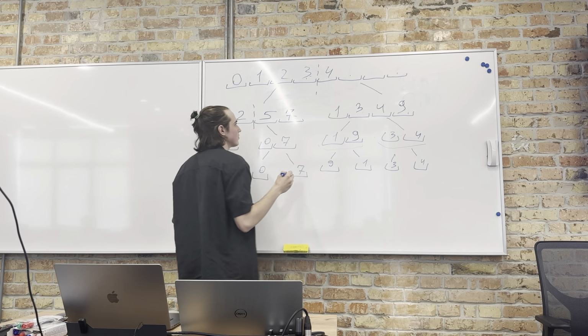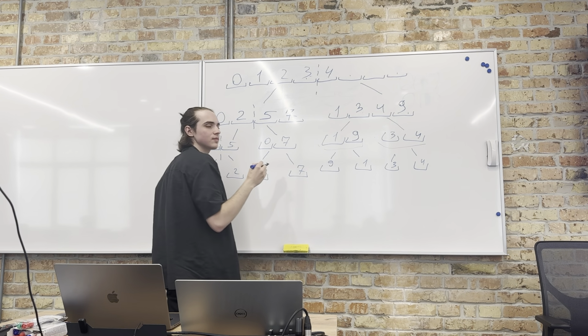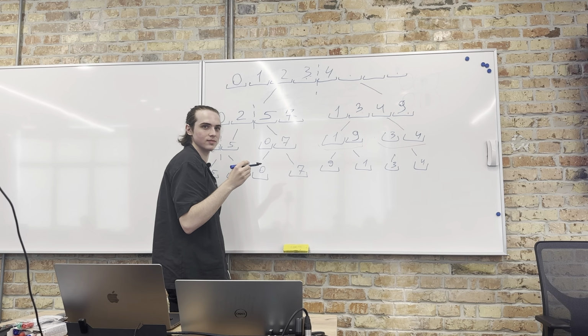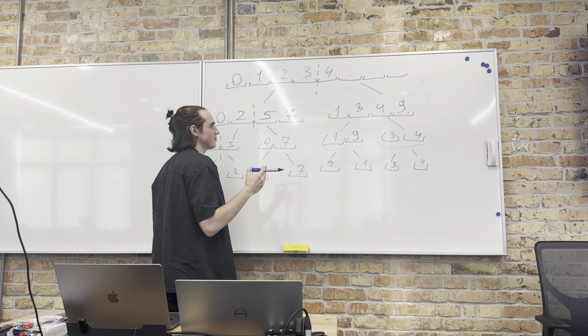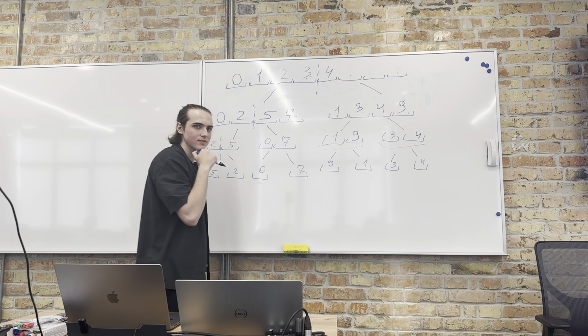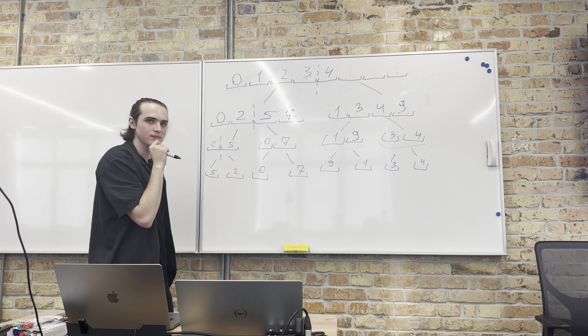Oh, the mic is off. After that, we are comparing 5 with 7, or no? Why do we need this?